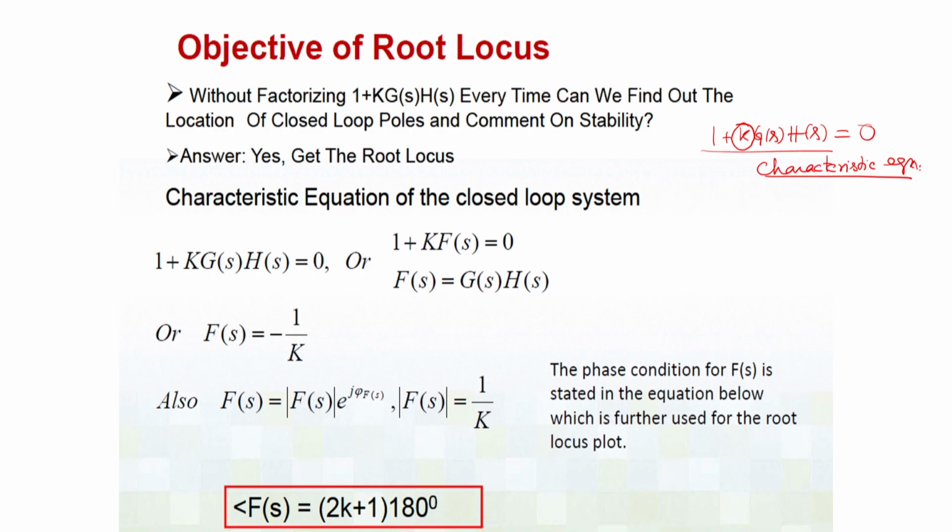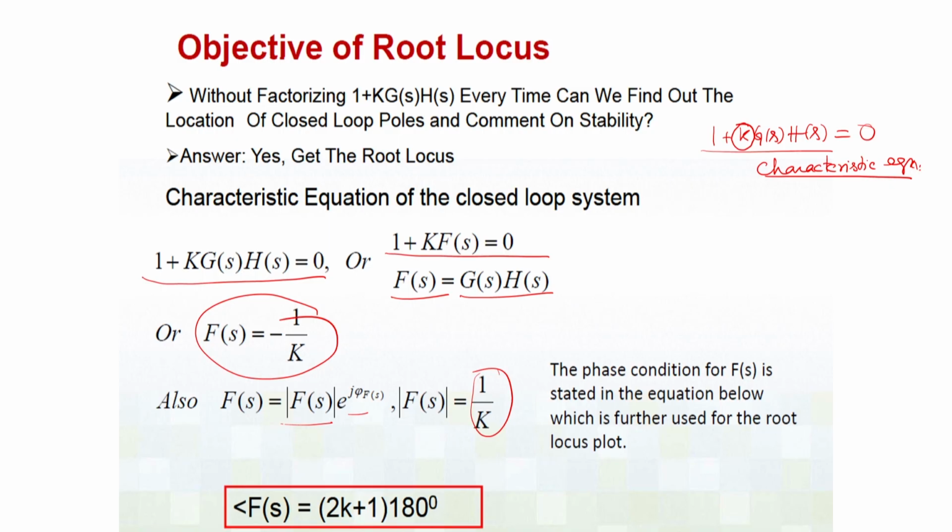Now, we know that 1 plus KG(s)H(s) equals 0. If you say G(s)H(s) is F(s), you can also write it as 1 plus KF(s) equals 0, which means F(s) will be minus 1 by K, which means if F(s) has a magnitude and a phase, the magnitude will be 1 by K. I am not directly interested in it right now.